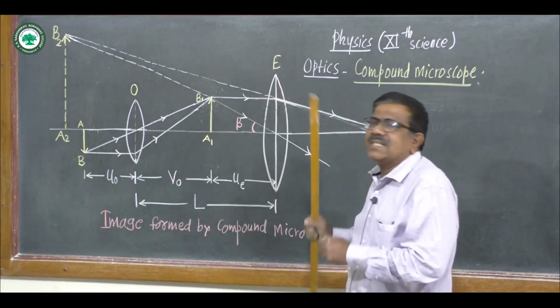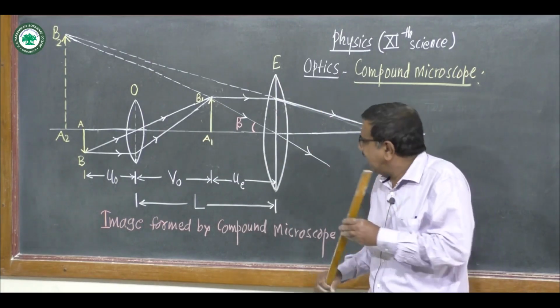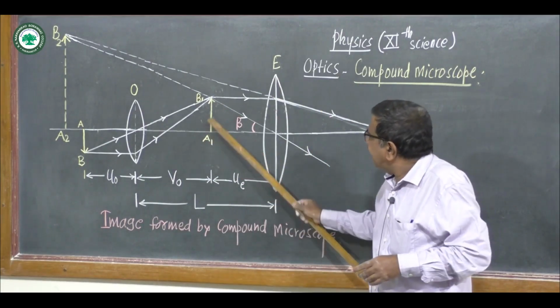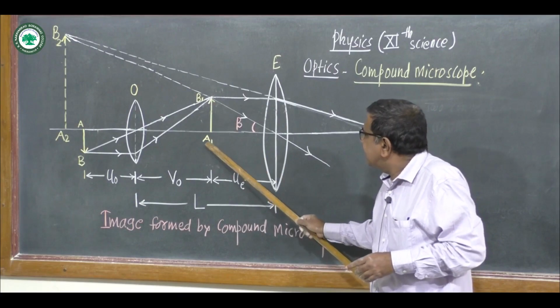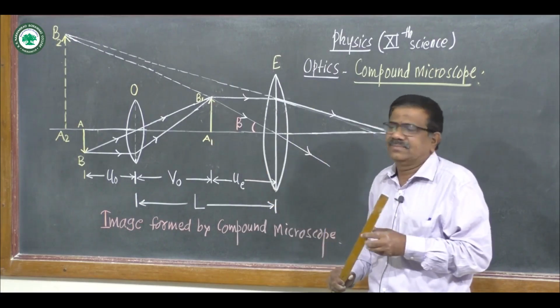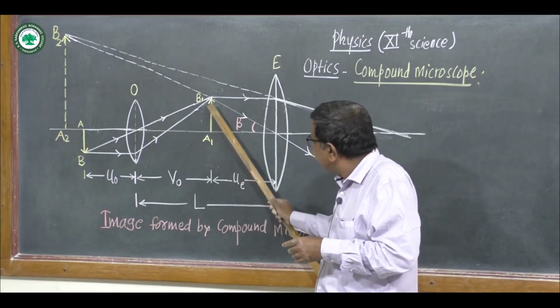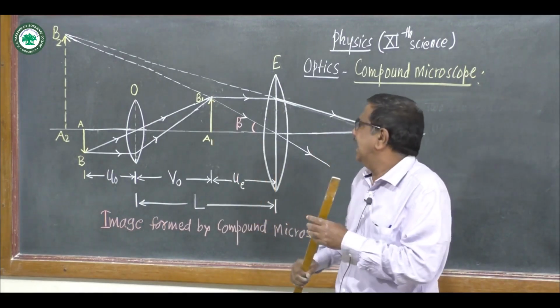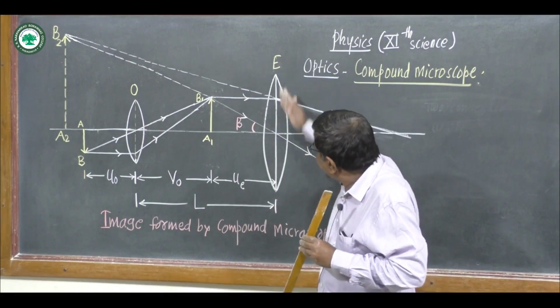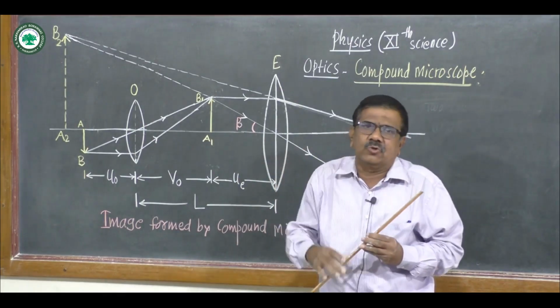The eyepiece is adjusted such that this A1B1 is within its focal length. So this eyepiece acts as a simple microscope.